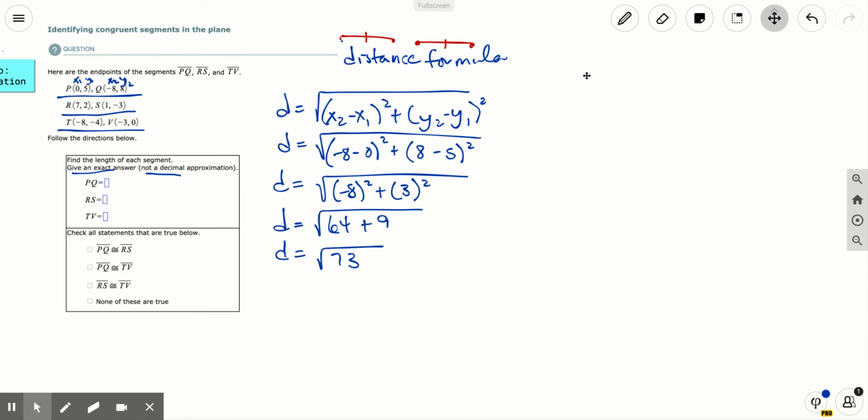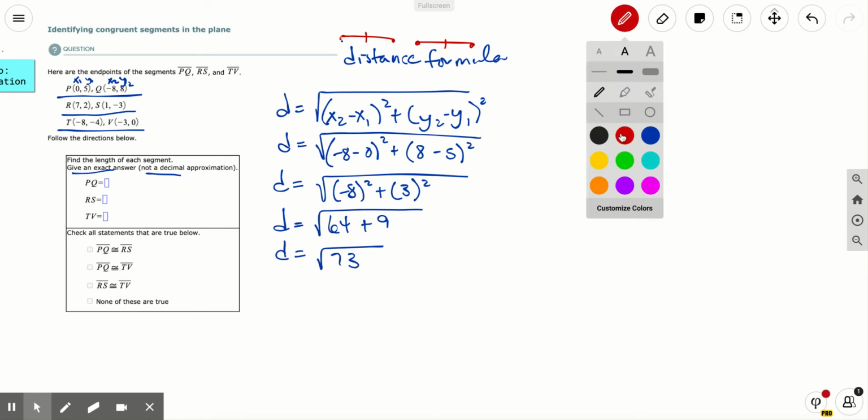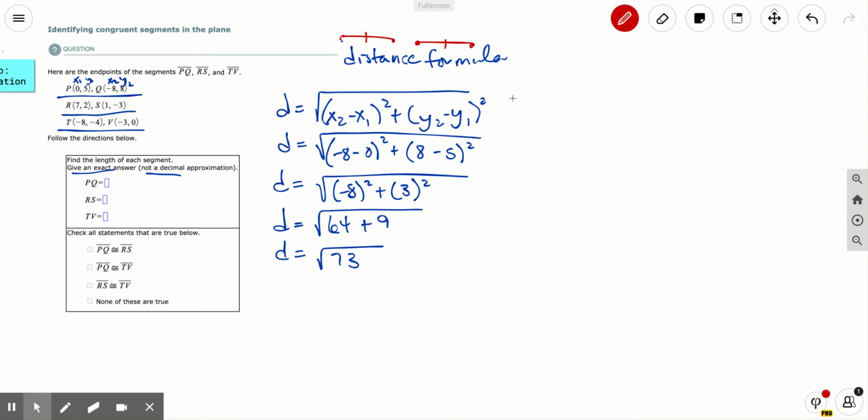Now I'm going to do a different color for RS. Okay, now this is tedious, you guys. I'm sorry about that. It really is. Okay, so I got my formula here. I'm going to go to the right and plug in points. Decide which one is x2, x1. I think I'll just leave it like this just to make it simple. 1 minus 7 quantity squared plus 1 minus 2 quantity squared.